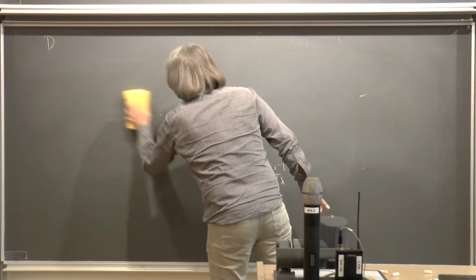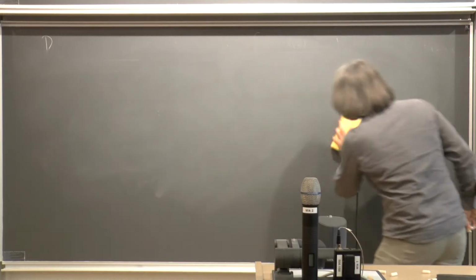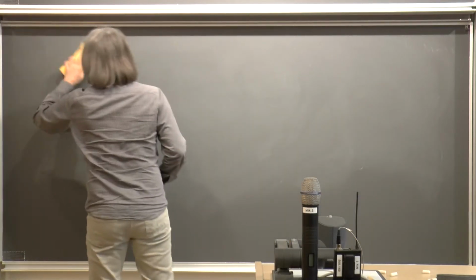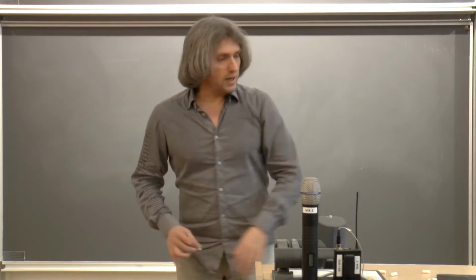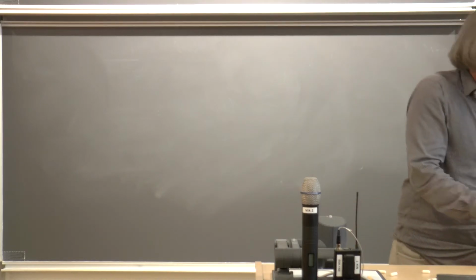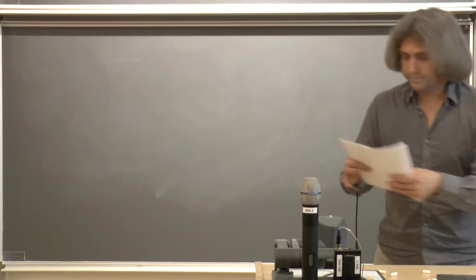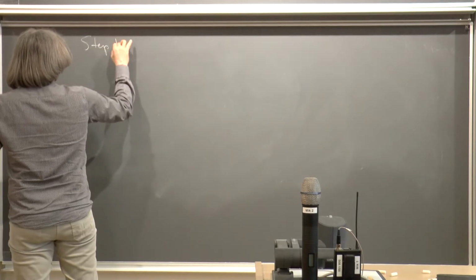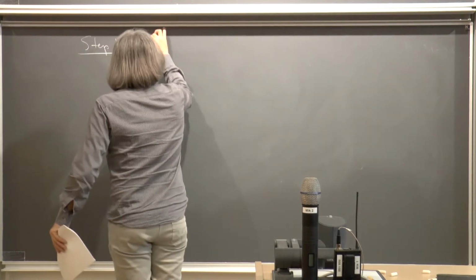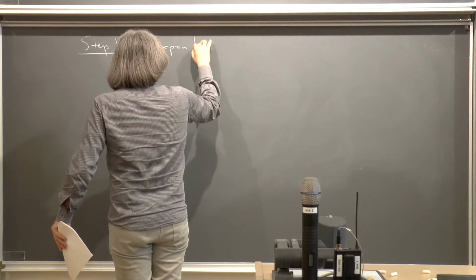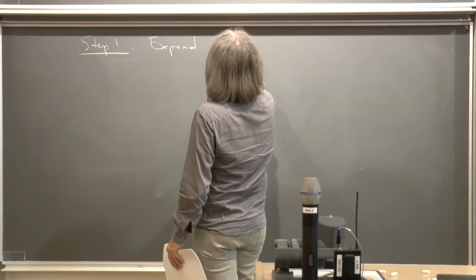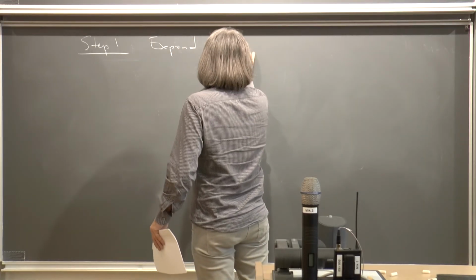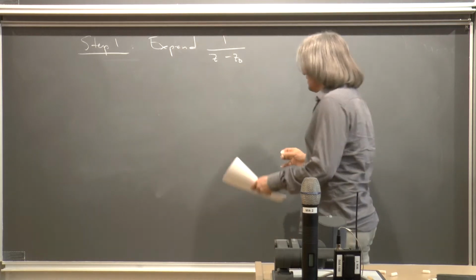But let's prove the theorem. So step 1 is to expand 1 over z minus z naught at a different point.